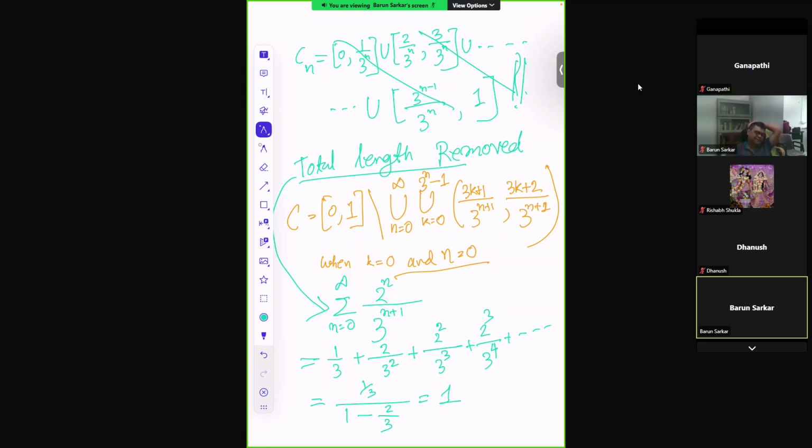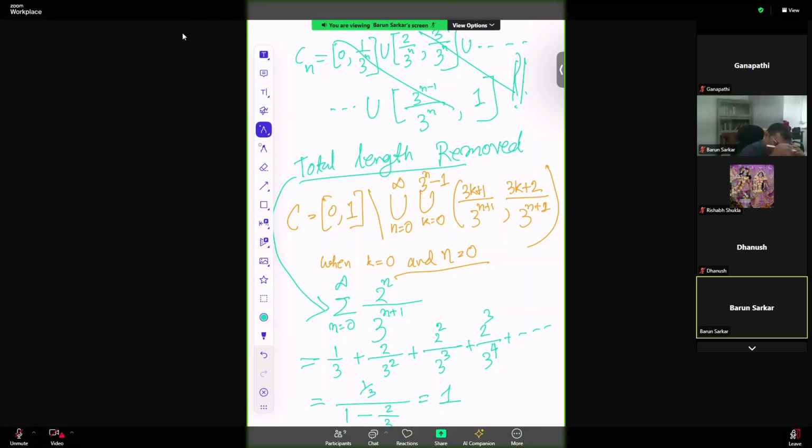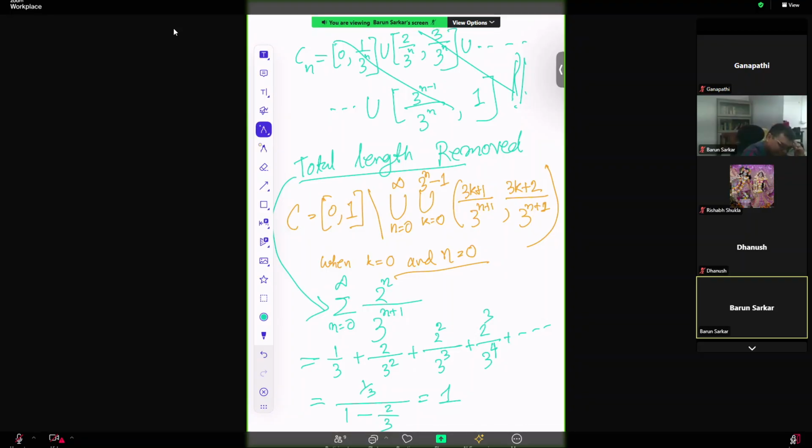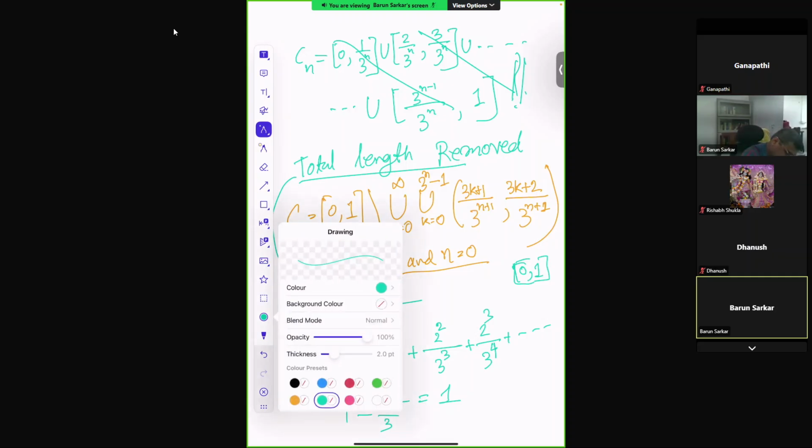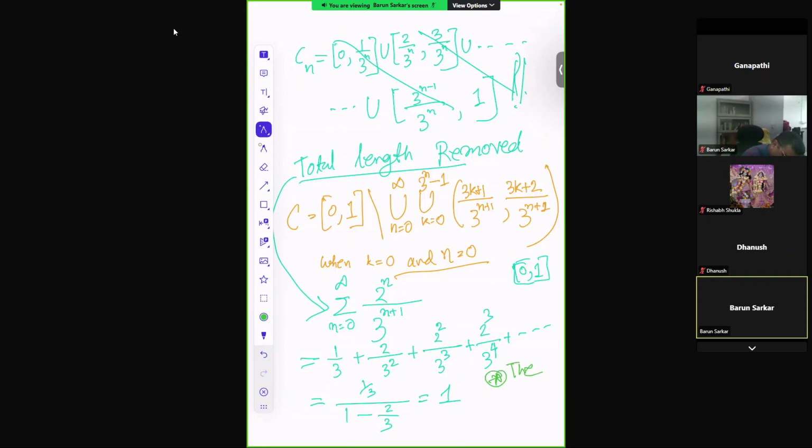So in a sense, the funny part you notice is that you are removing a total length of one, and you started with the 0, 1 interval. So what is the proportion left? Since you started with the 0, 1 interval and you are removing gradually a length of one, the proportion left is 1 minus 1, right?